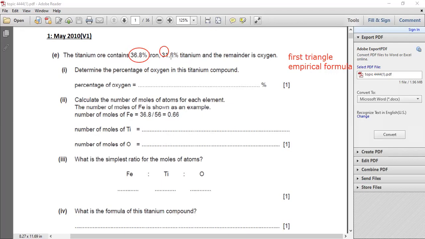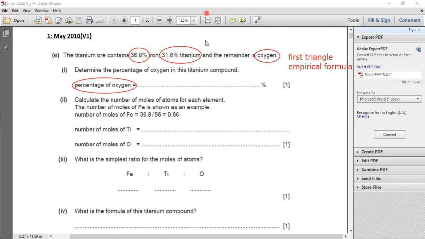Even here, 31.6 titanium, and the remainder is oxygen. Number one, we need to know what is the percentage of oxygen. Any compound, the total percentage of any compound, is 100%. This compound consists of iron, titanium, and oxygen. Iron, 36.8, titanium, 31.6. So what is oxygen?